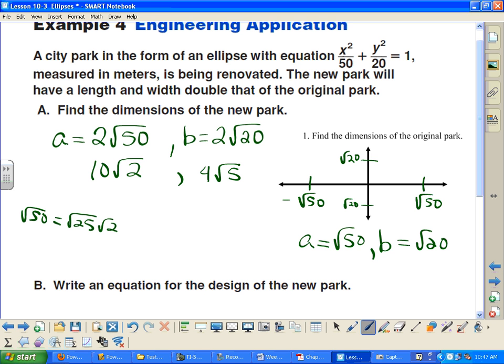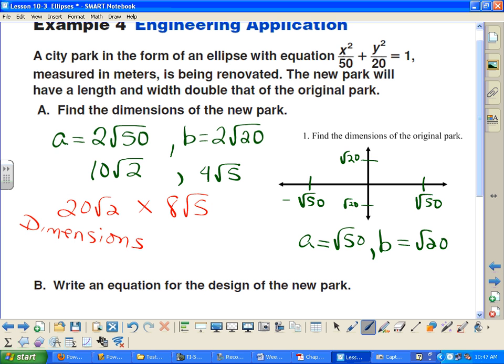So to get the dimensions, we're going to have to go all the way across, which means I have to do what with these numbers? We have to double them. So the dimensions of this park is going to be 20 square roots of 2 by 8 square roots of 5. Does that make sense?